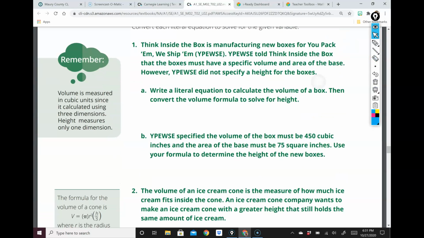Part B. You Pack 'Em, We Ship 'Em specified the volume of the box must be 450 cubic inches and the area of the base must be 75 inches squared. Use your formula to determine the height of the new box. So volume equals length times width times height.